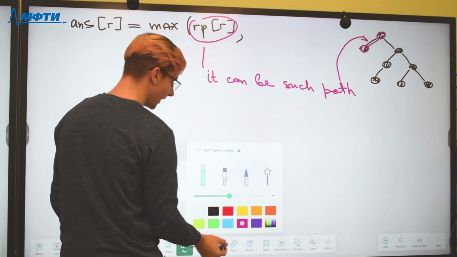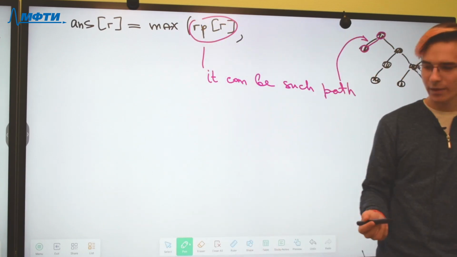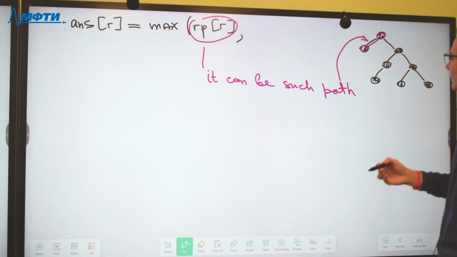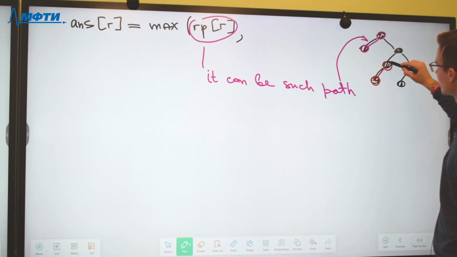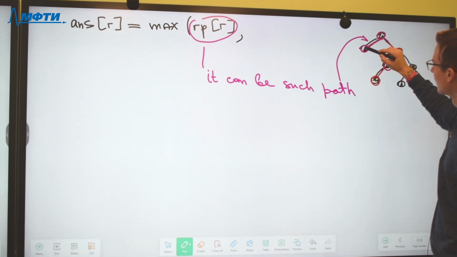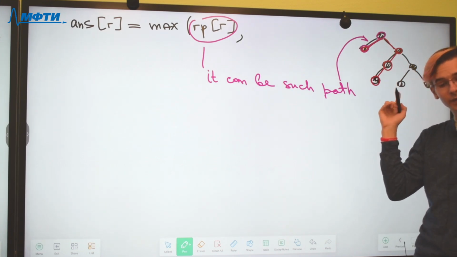Okay, and we know that maybe the maximal path in the graph equals a path that connects two vertices in different subtrees. And how do we need to find it?